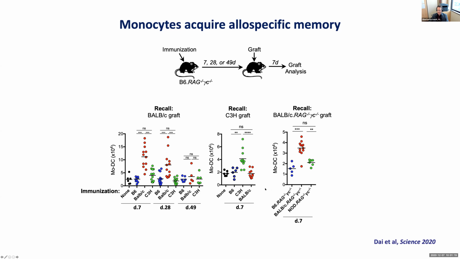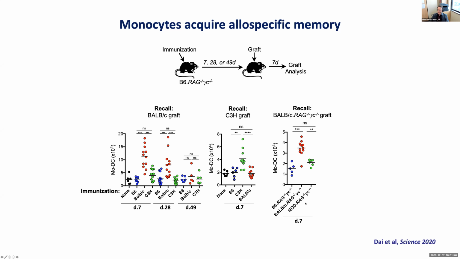Now, because here we were immunizing with irradiated wild-type splenocytes, to make sure that this is still happening in a setting where no lymphoid cells are around, we this time used splenocytes of mice that were all on a RAG gamma chain knockout background. We had to switch strains slightly because not all strains are available on a RAG gamma chain knockout background, but we used B6 syngeneic, BALB/c, and NOD splenocytes.